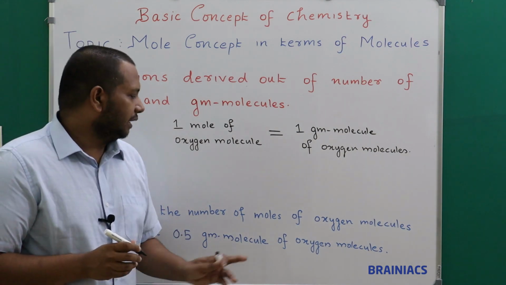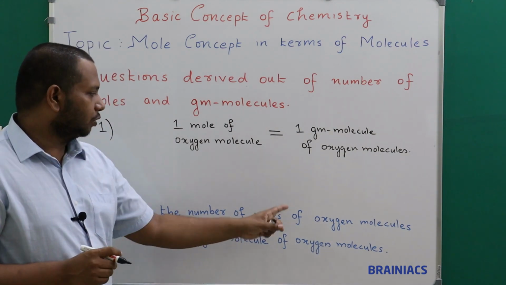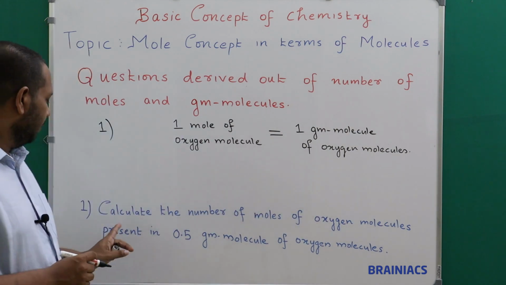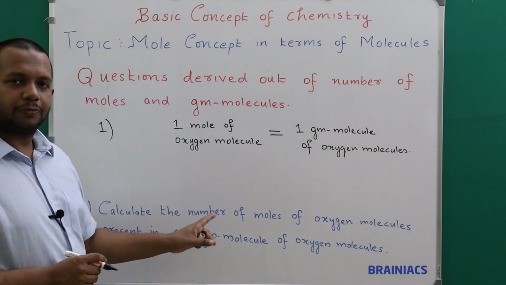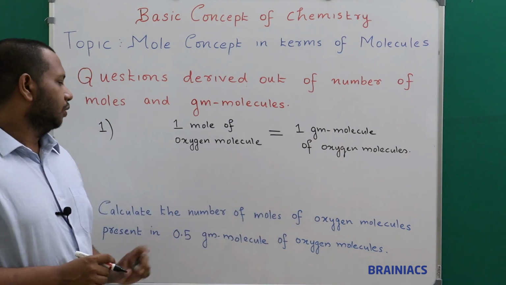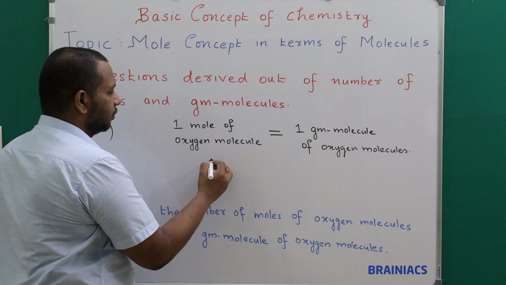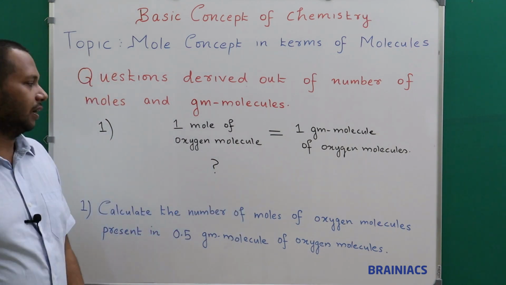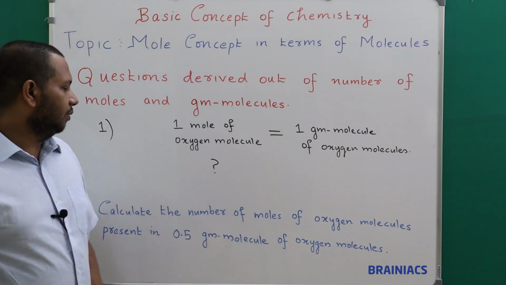Now read the question. Calculate the number of moles of oxygen molecules present in 0.5 gram molecule of oxygen molecules. So they are asking you the number of moles. So this is a question mark. And what have they given?